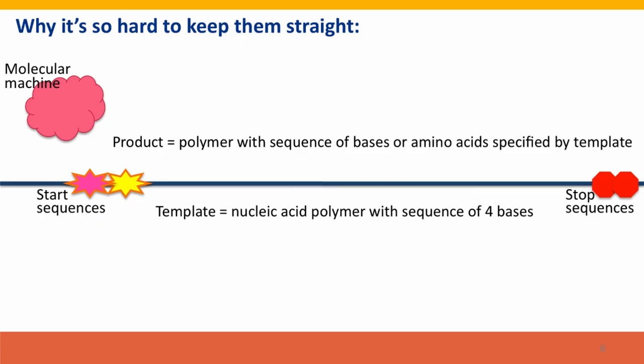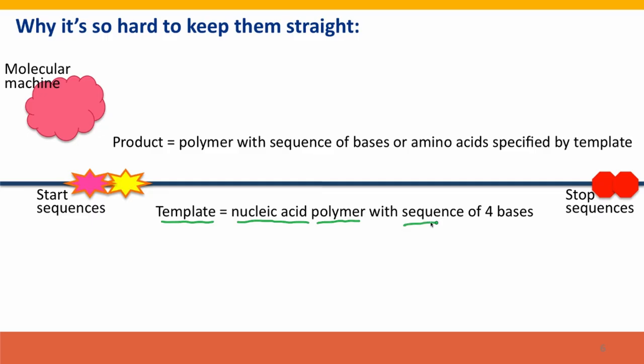So, if they're so important, why is it so hard to keep them straight? Well, because they're also very, very similar. And I've got here a schematic diagram that would apply to any of these processes, to DNA replication, to transcription, or to translation. So there is a template, which is, in all cases, a polymer of nucleic acids. That's the bases. It's a polymer.